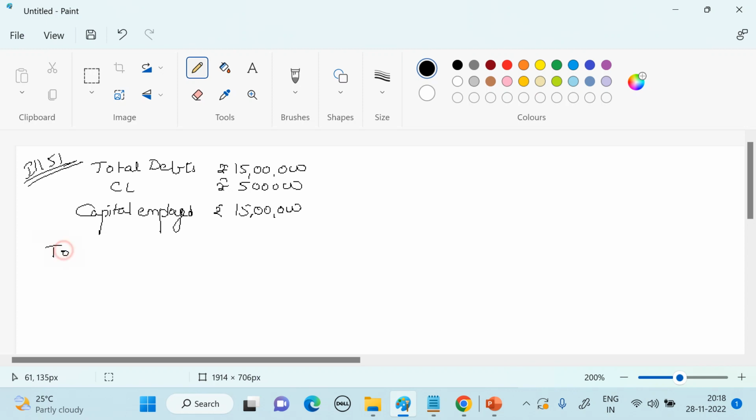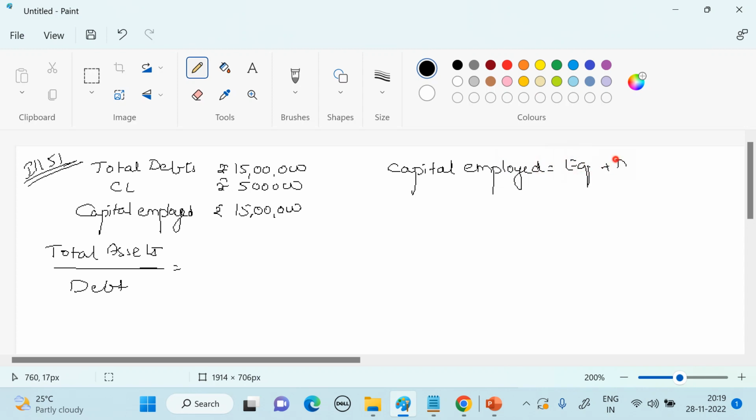You have to calculate the total assets to debt ratio. So to calculate the total assets, what is capital employed? I told you capital employed is nothing but equity plus the debt part. So to get the total asset, we have to add something more to the capital employed, because in the balance sheet, in addition to capital employed, there is current liability also.